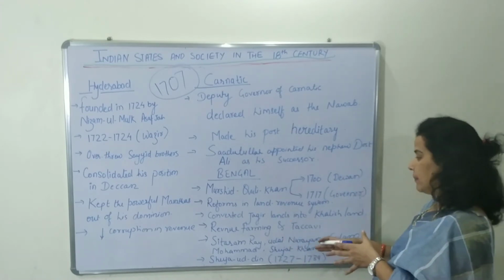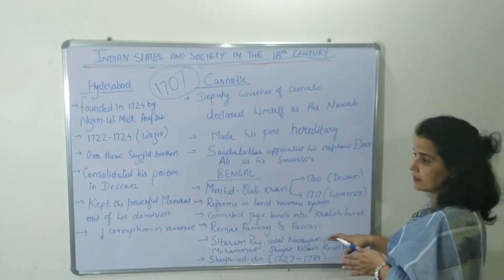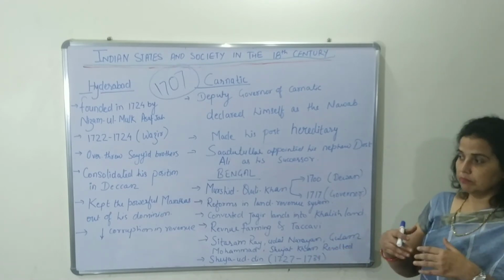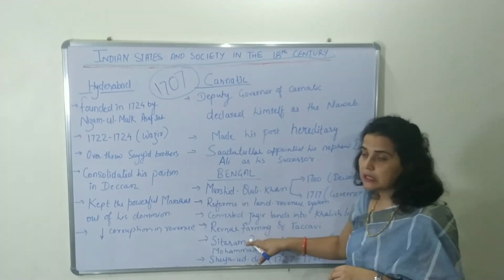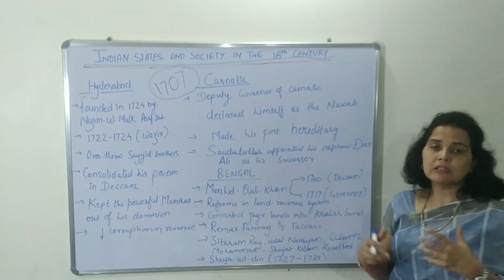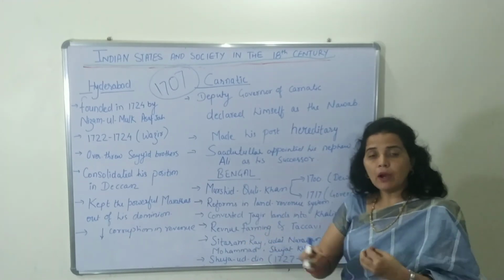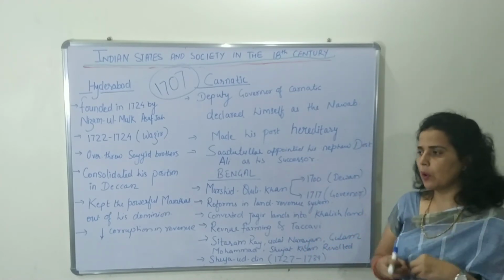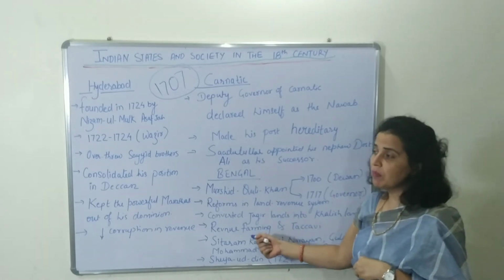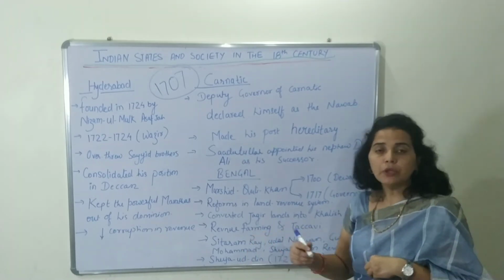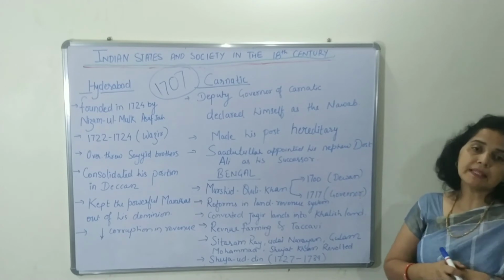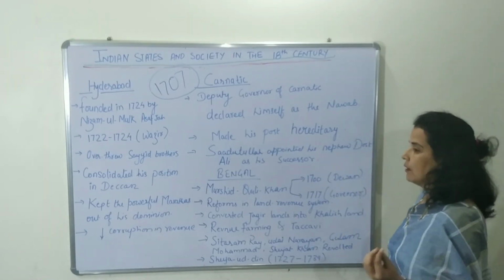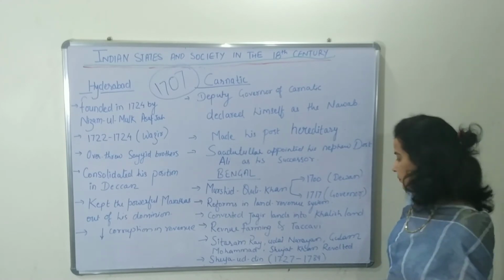Though he did not take a big amount of revenue, at that time agriculture was very uncertain, and the way of taking away that revenue was somewhat inhuman, or you can say cruel also. So that was putting too much pressure on the peasants, and the position of the peasants became very deteriorating, or you can say weak.